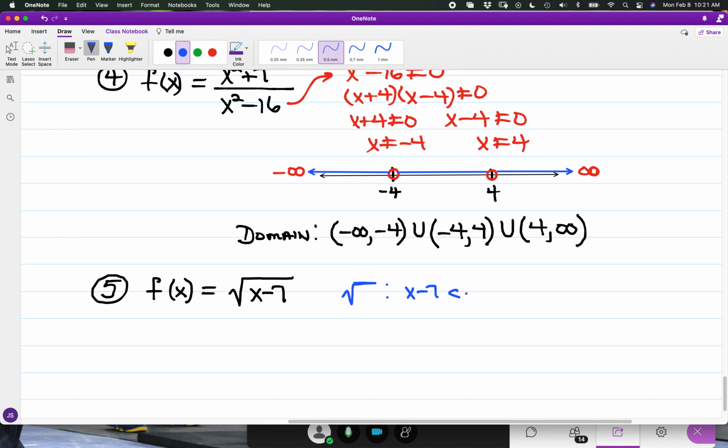x minus 7 cannot be negative for an even root. It can be for an odd root, like cubic root, fifth root.